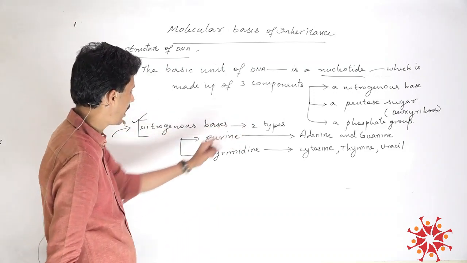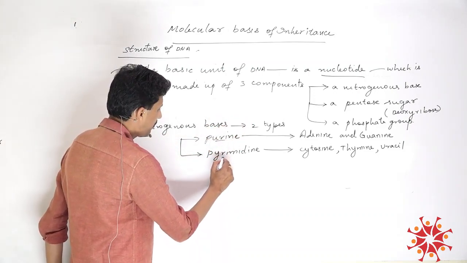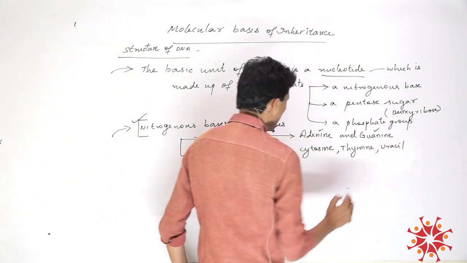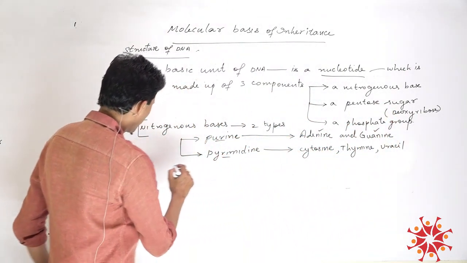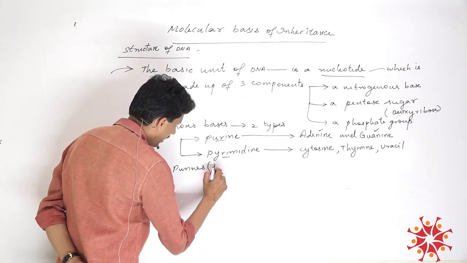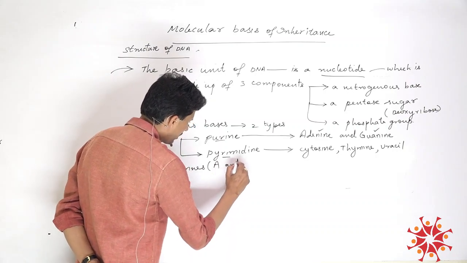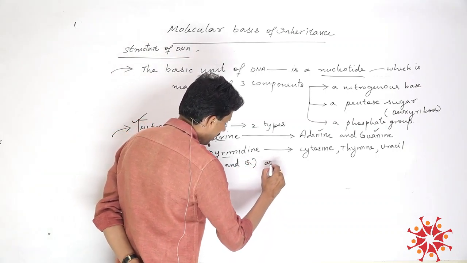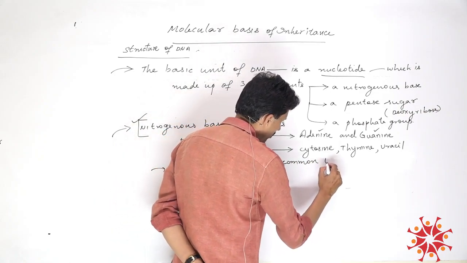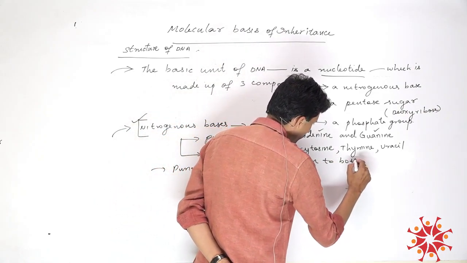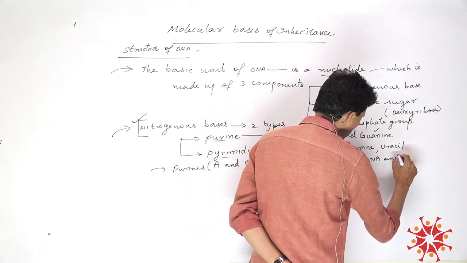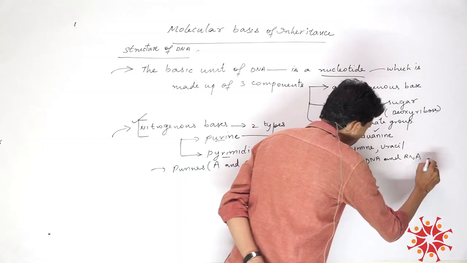Nitrogenous bases, two types, purines and pyrimidines. Purines, adenine and guanine. Remember these, the purines, adenine and guanine are common to both DNA and RNA, right?